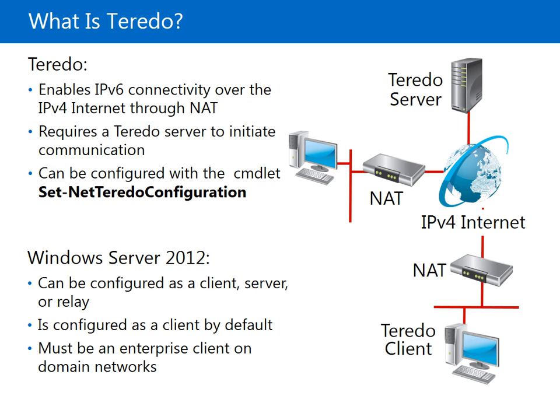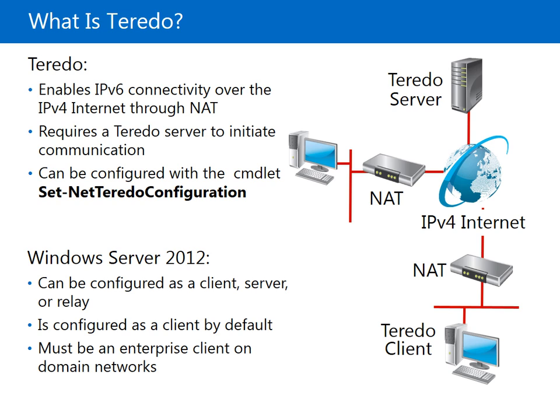The other thing, when we're dealing with Server 2012, we're talking about a domain. On the local network, it will be a member of a domain. So 2012 can be configured as a client, server, or relay.